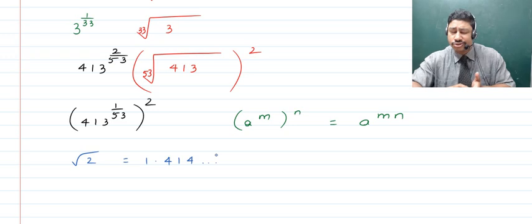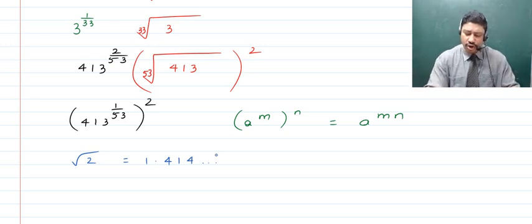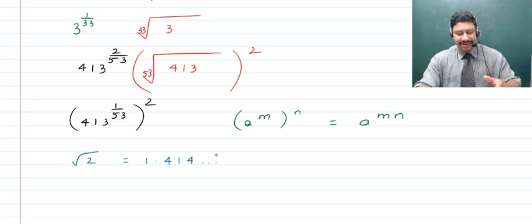That means it is not going to terminate, and the numbers which come one after another will not follow any format. It will be haphazard, and you will not get the same order of numbers again. So a non-terminating and non-repeating decimal is an irrational number, right? This is what you studied earlier, and here I gave you a new perspective about how you write it in the exponential form.